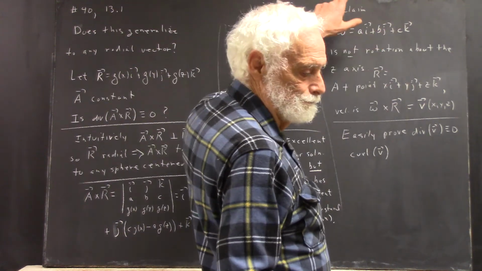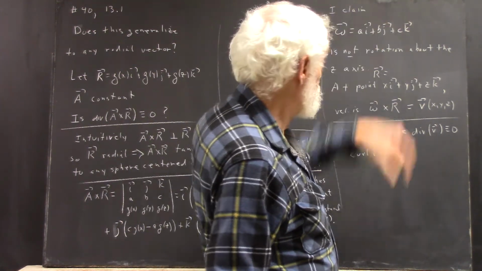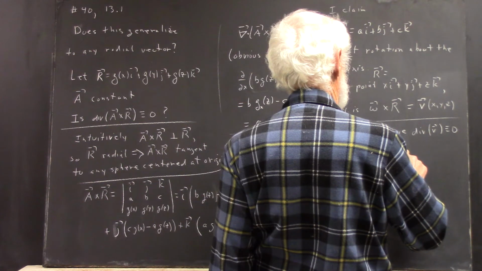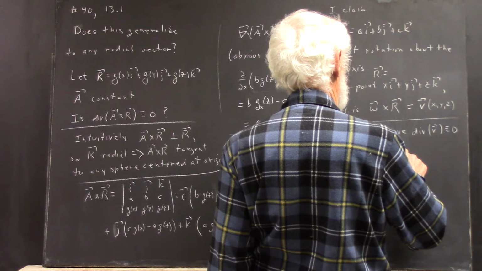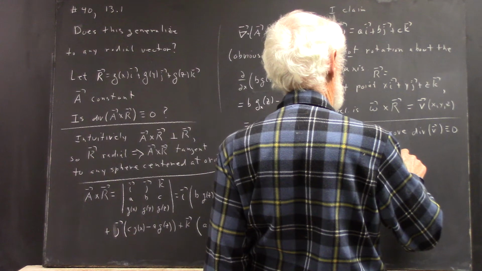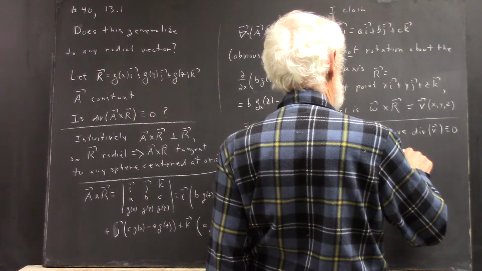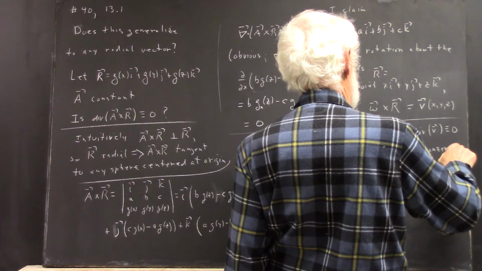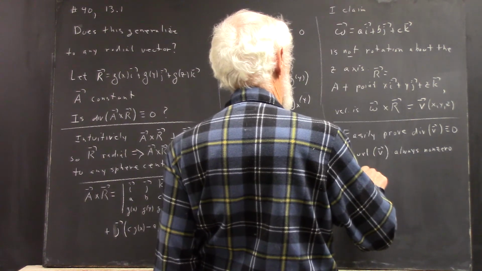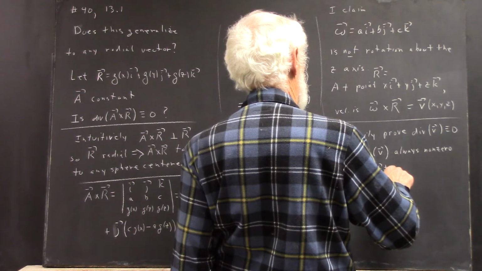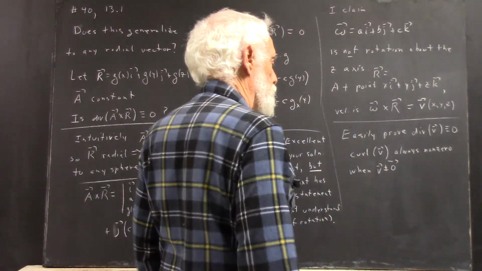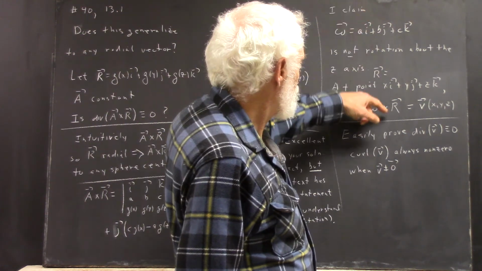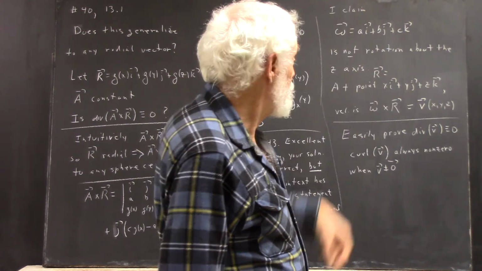It's I think 2ai plus 2bj plus 2ck. And that's always non-zero as long as V isn't 0. And the only way V is 0 is if R is 0, meaning you're on the axis.